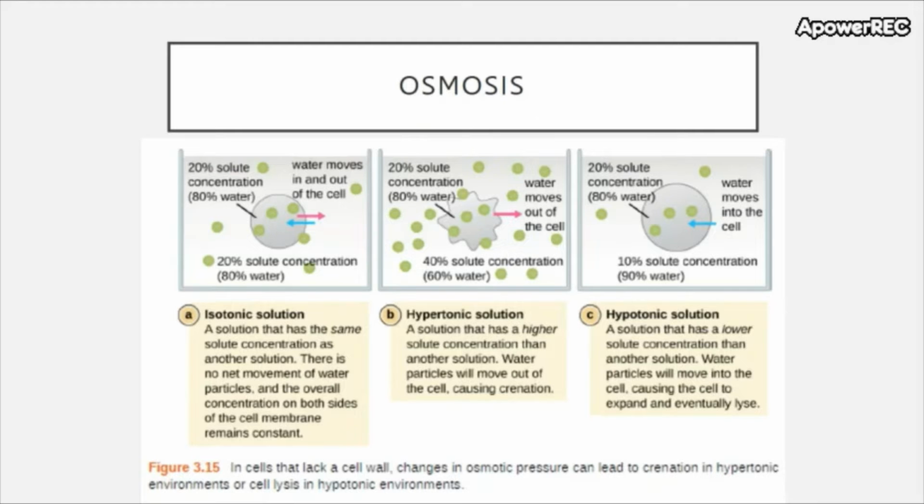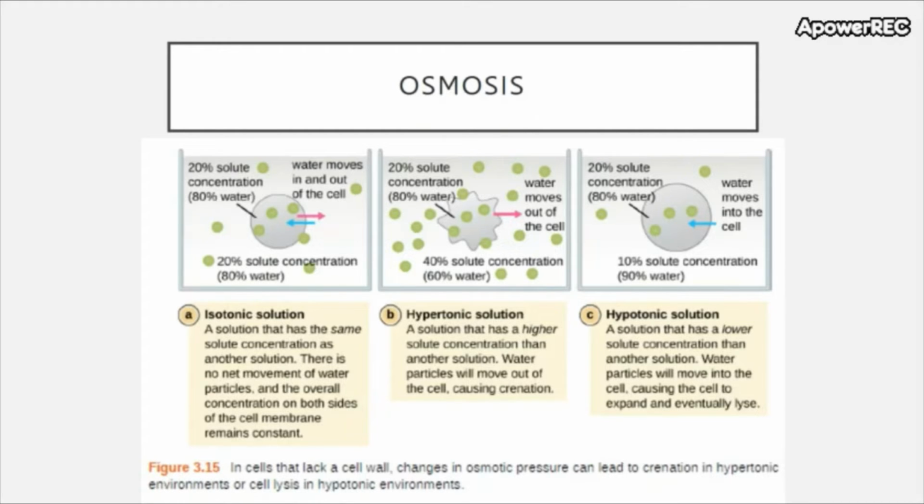and unaffected. You may also have a hypertonic solution. This means that the solution has a higher amount of solutes than the cell does. In the example listed, there is a 40% solute concentration and 60% water outside of the cell, whereas within the cell there is only a 20% solute concentration and 80% of it is water.